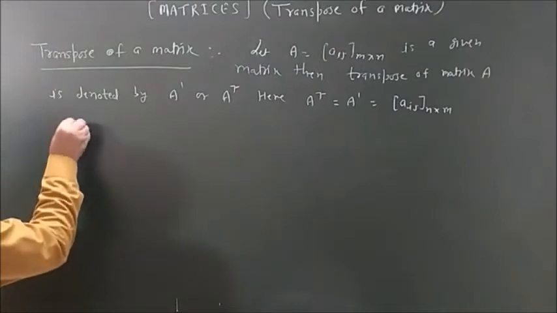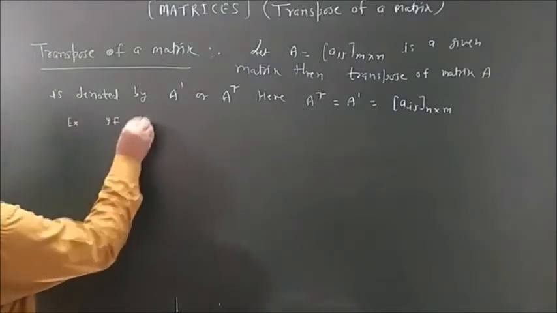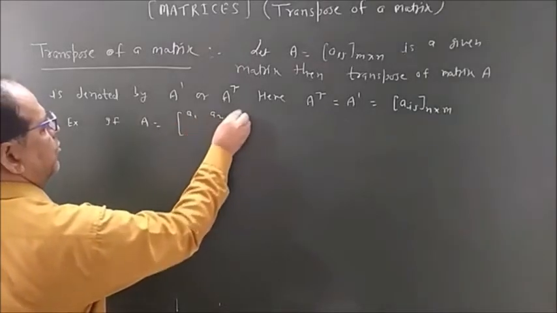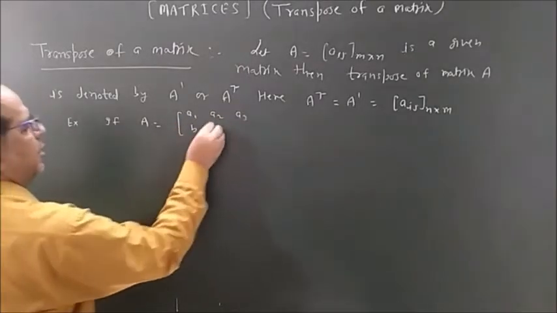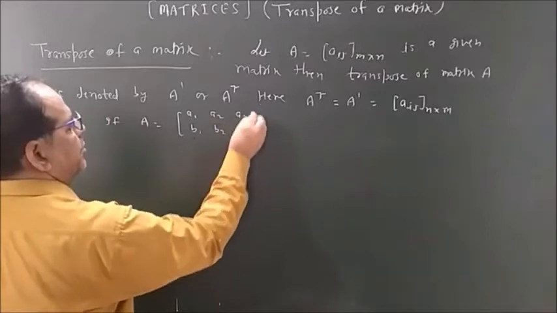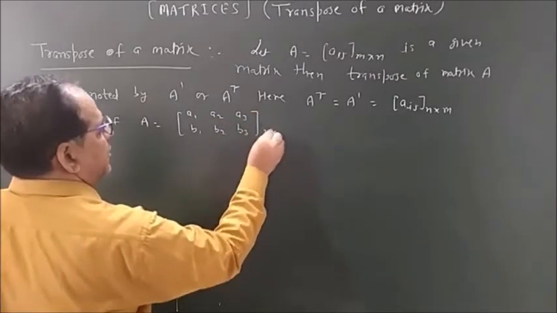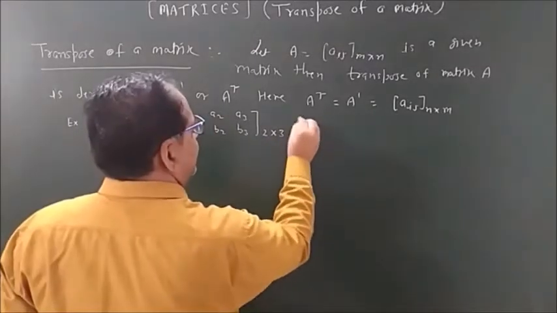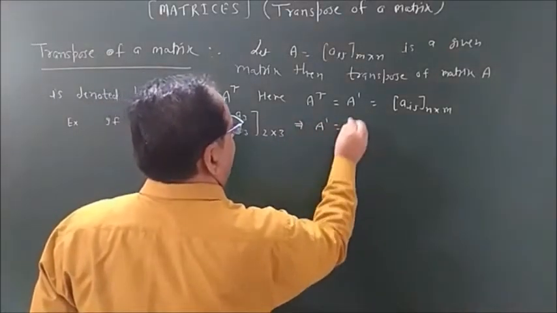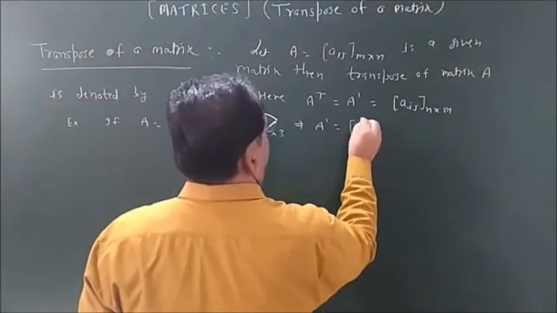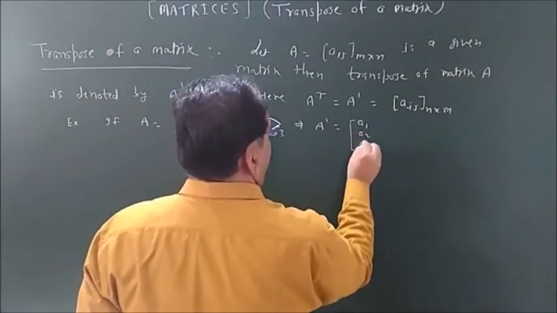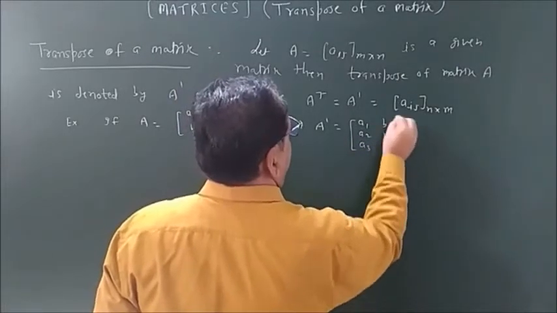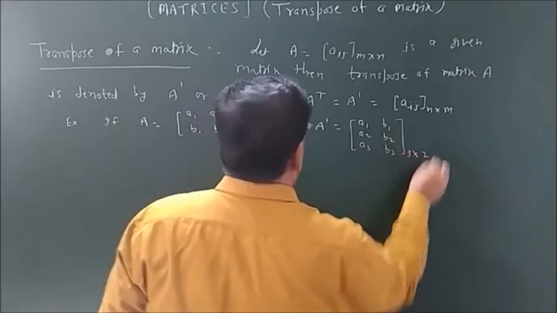For example, if A equal to [A1 A2 A3; B1 B2 B3], this is a matrix of order 2 by 3. So this implies that A dash equal to [A1 B1; A2 B2; A3 B3], of order 3 by 2.